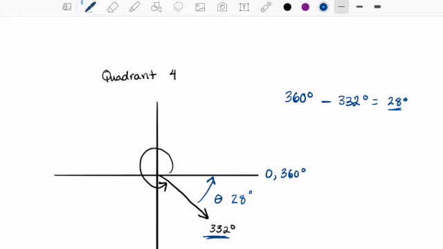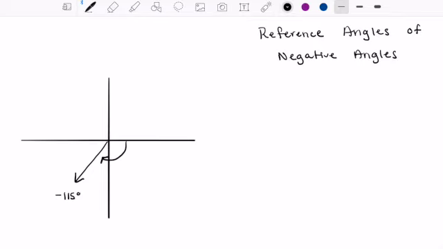All right. I want to go over one more quick example, just in case we are ever dealing with a negative angle where our standard position angle has been negative. I want to find the reference angle. Well, remember, reference angles are always positive. It's always acute, and it's always the fastest way back to our x-axis. So I know that this is negative 180 degrees. So I'm going to follow it the exact same way.